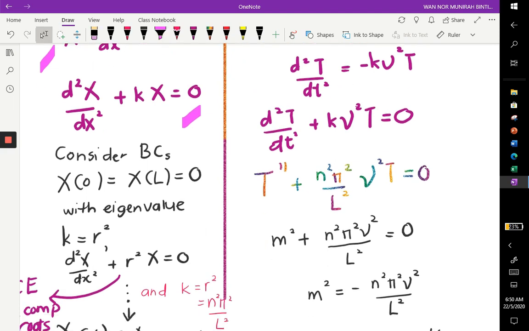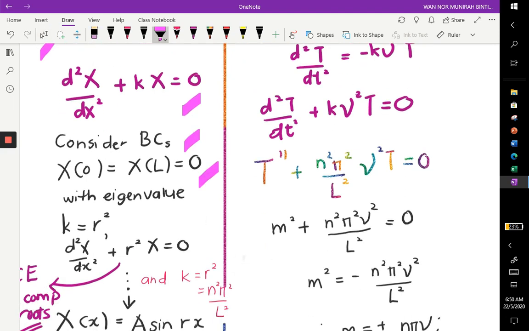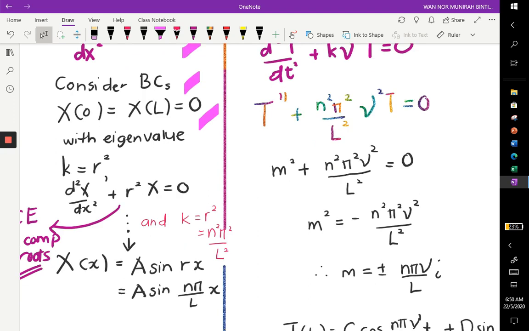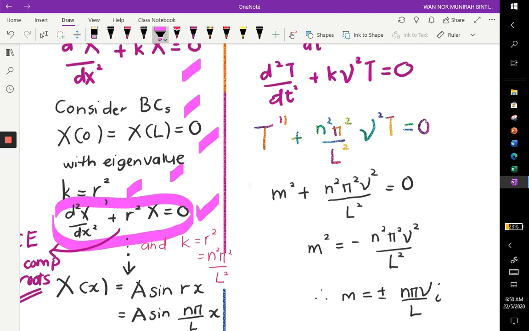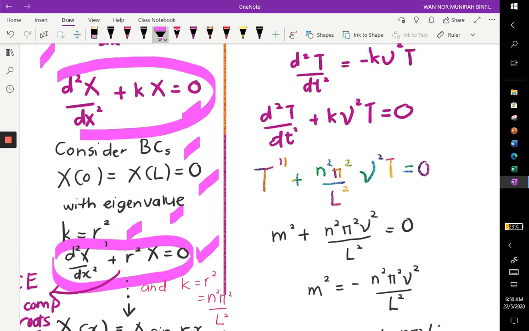And then we need to consider the boundary conditions, the first boundary conditions, by considering the x dimension. Okay, and then we choose the correct eigenvalues, k equals r square, so that this is our new equation.